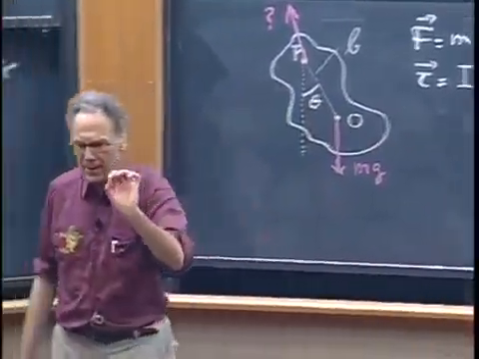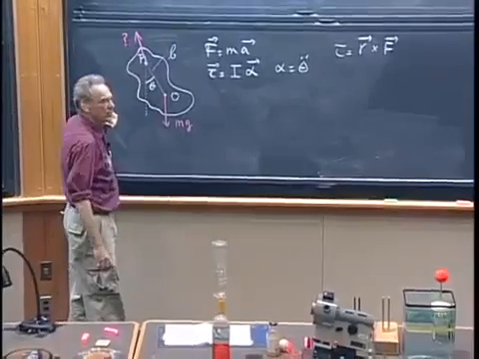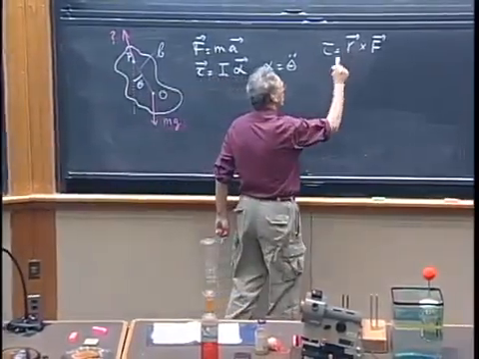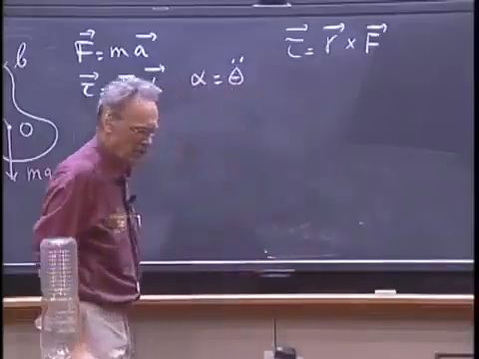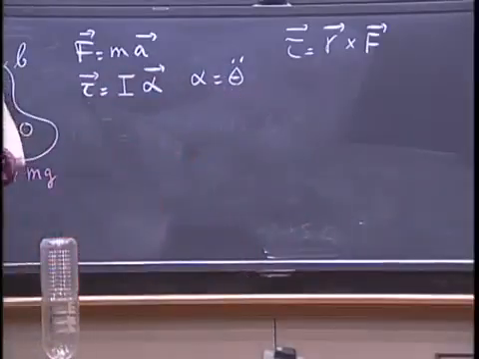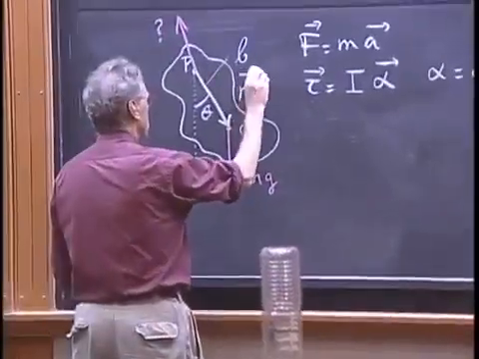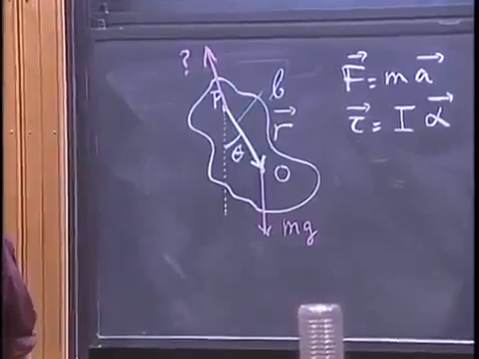And so if I pick P as my point of origin, then the torque due to this force does not contribute to my torque equation because the torque is R cross F. It's a cross product between the position vector and the force, and this is the position vector to the center of mass, and the position vector from P to P is 0.